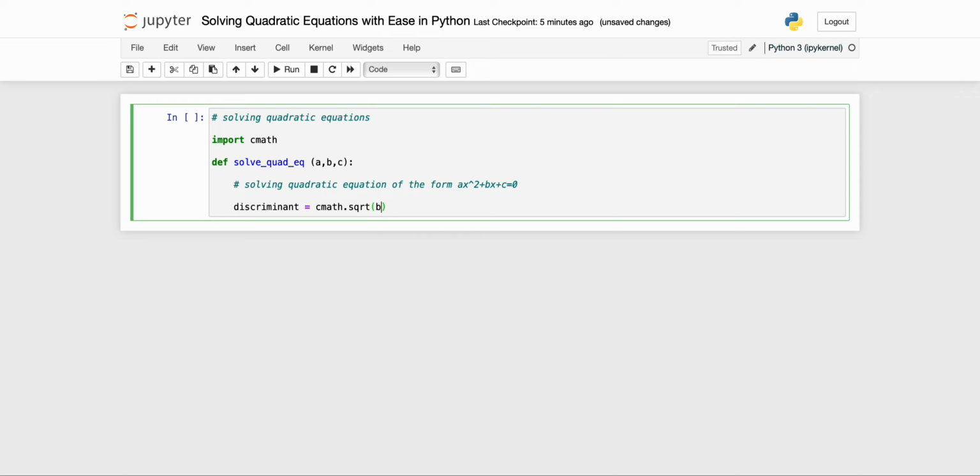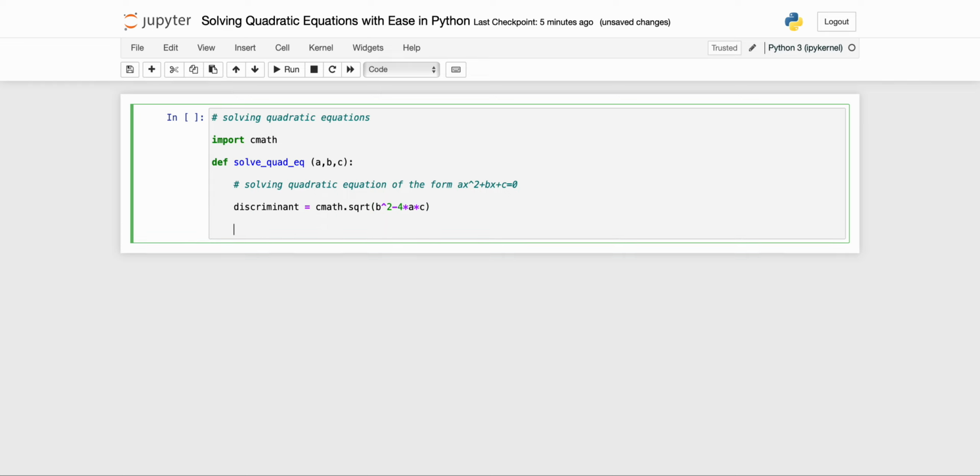So we have b squared minus 4 times a times c, and that's our discriminant.